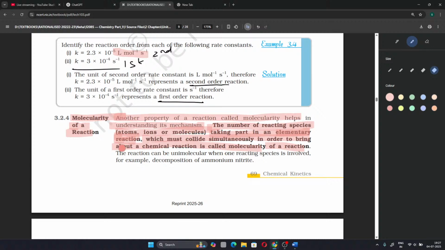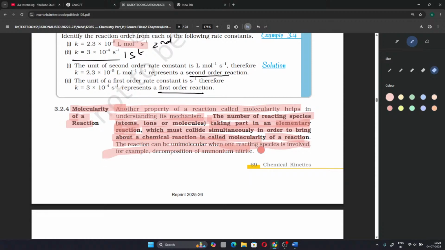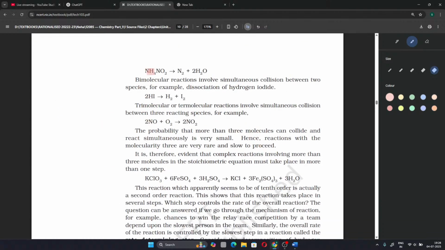Basically, the number of molecules, atoms or ions, the reactant species participating in an elementary reaction to bring about the reaction, is what we call the molecularity of the reaction. The reaction can be unimolecular when one reacting species is involved, for example, decomposition reactions like decomposition of ammonium nitrite, NH4NO2 giving N2 plus H2O.